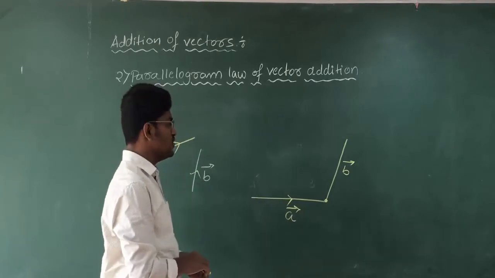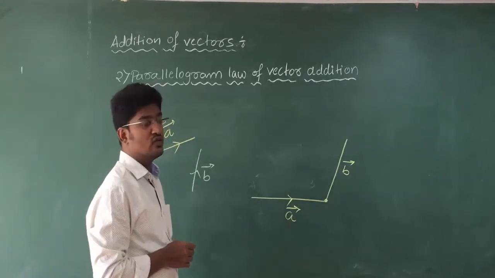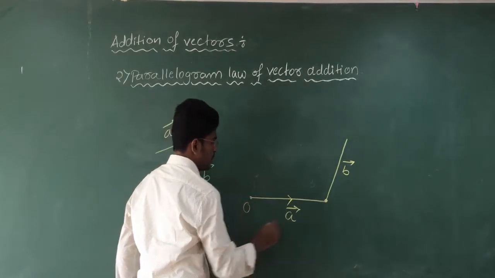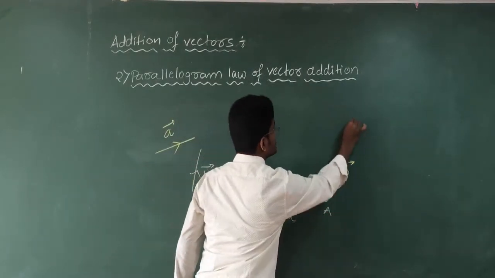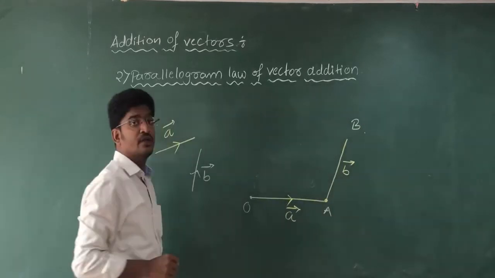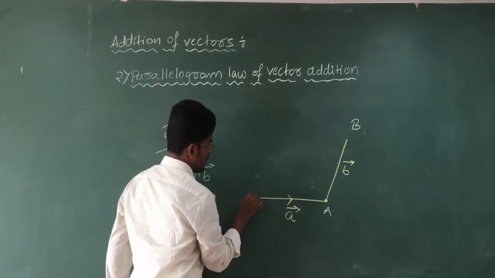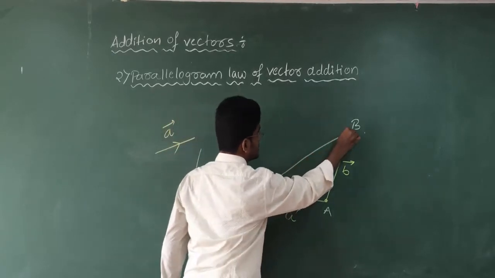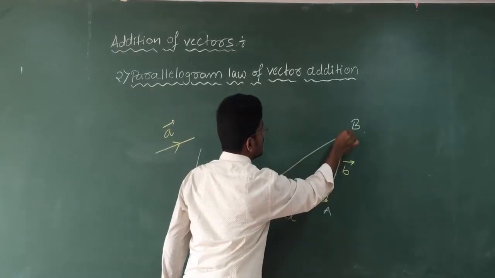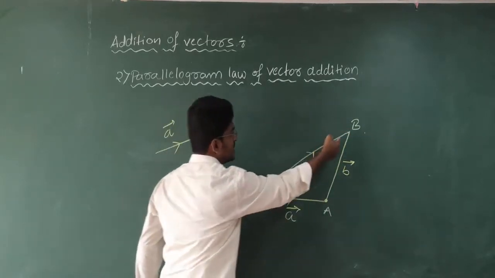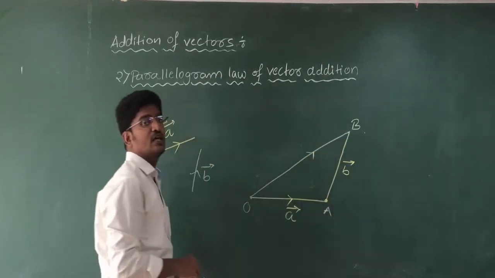So now by using the triangular law, I will take this point as some O. This is A, this is B. If I use the triangular law, what are you going to construct? You are going to construct OB. So this will be the resultant of vector A and vector B.